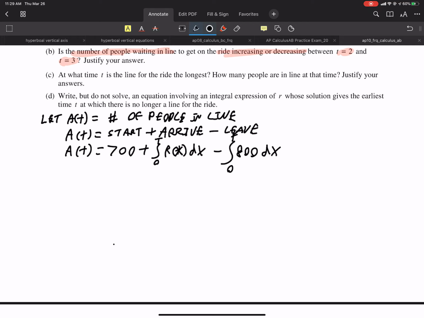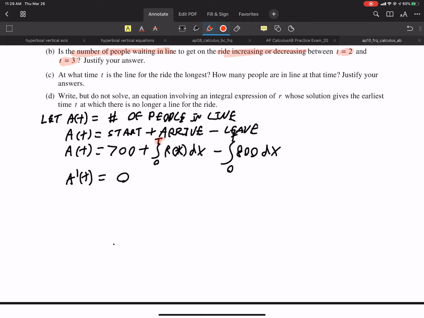Now, we need the derivative of this because that will tell us increasing or decreasing. The derivative of 700 is 0. And here, we're taking the derivative of an integral from 0 to t. Now, if you look here, t is our variable, so we want to take the derivative with respect to t. And the fundamental theorem says if you go from a constant to t, you just plug in t.